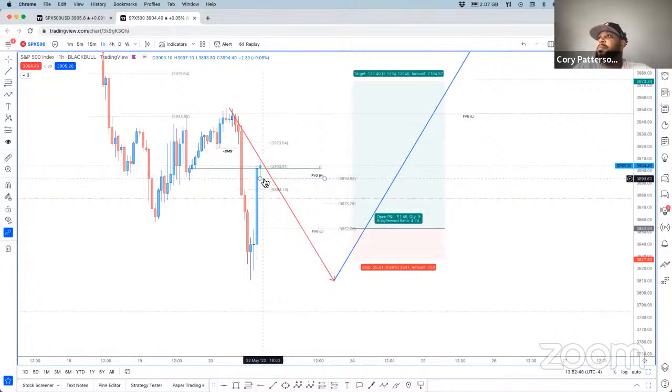If it pushes up, holds these highs over here, and then pushes down at one of these levels, then we can likely look to trade an upside move, but only then.